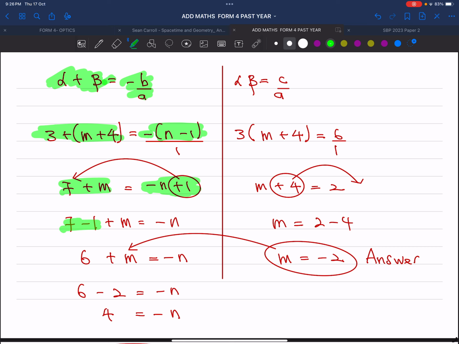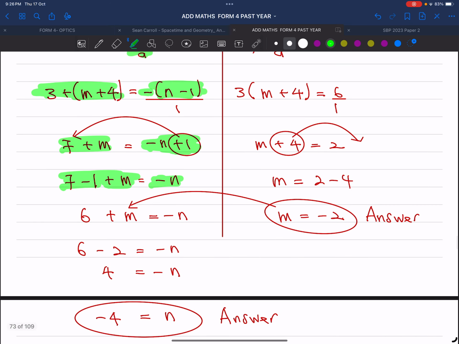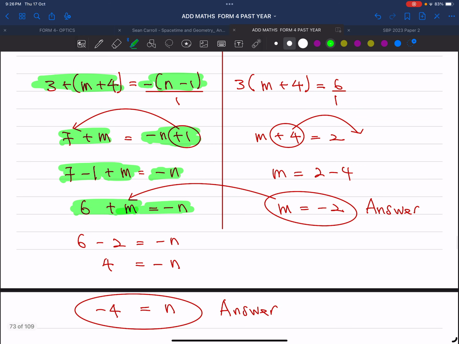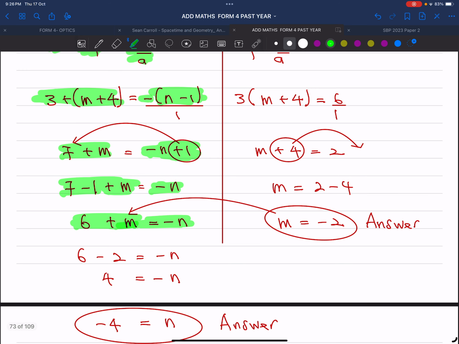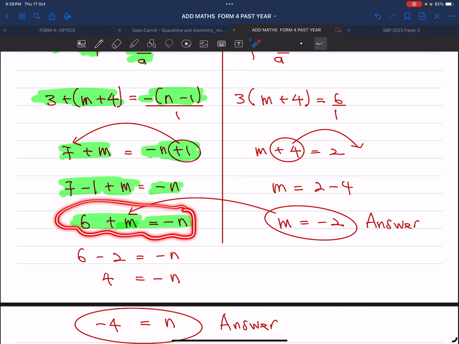I have 7 minus 1 plus m, negative n. Of course 7 minus 1 is 6, so I got 6 plus m equals negative n. But I cannot proceed anymore, because if I want to find n, I need m, and if I want to find m, I need n.